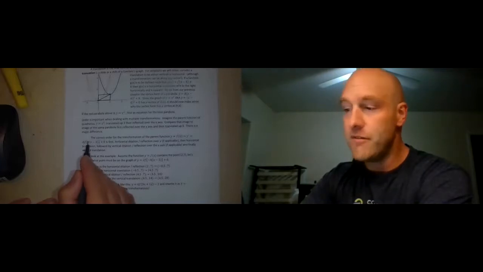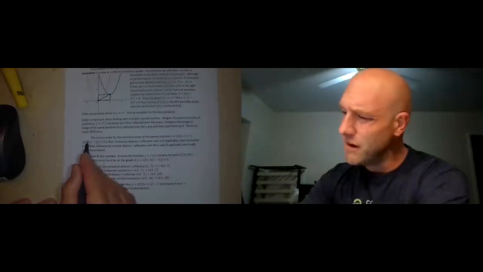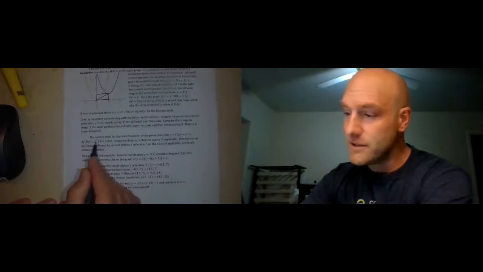If b is negative, that is a reflection over the y-axis and a horizontal dilation by 1 over b. Again, things talking to the x doing the opposite of what you would expect. This has a horizontal translation of h to the right and k up. Again, that to the right and up is kind of assumed.